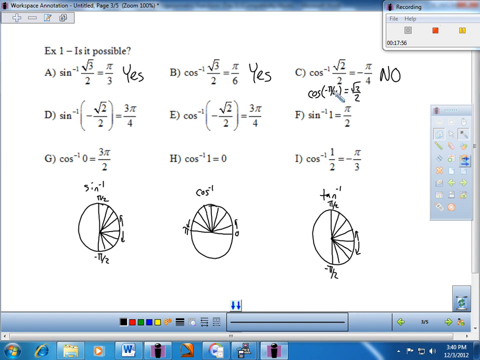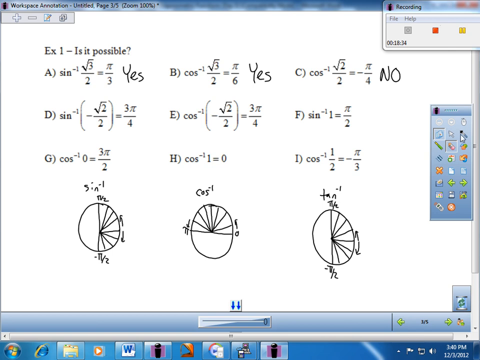And as a matter of fact, if you wanted to know the correct answer here, this would be positive pi over 4. So you would have an x over r ratio, a cosine ratio of root 2 over 2. Look up here, everybody. There's the one, pi over 4. That is the one in our interval that has the exact same cosine ratio. So again, I would almost sort of get rid of this piece. Even though that is a true statement, letter C is still not true.